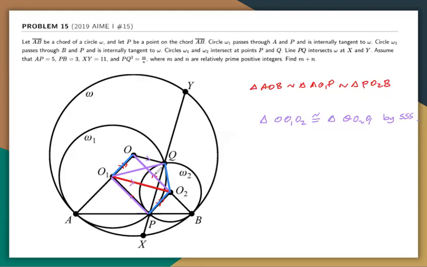Okay, so what is that telling us? You know that when you take a center in a circle, and you draw any chord, and you draw a perpendicular from the center to the chord, that will be split into two equal pieces.